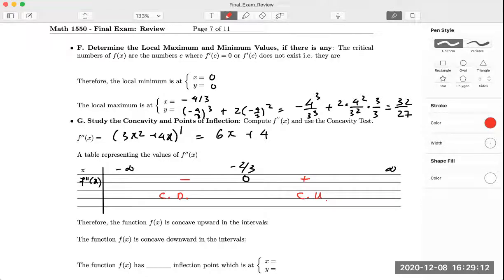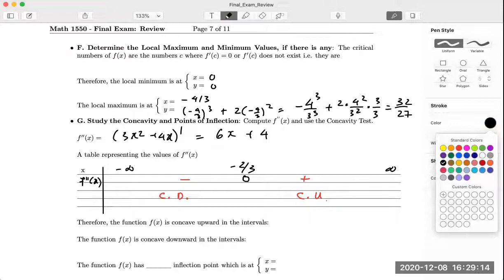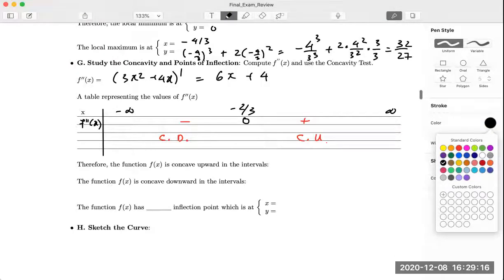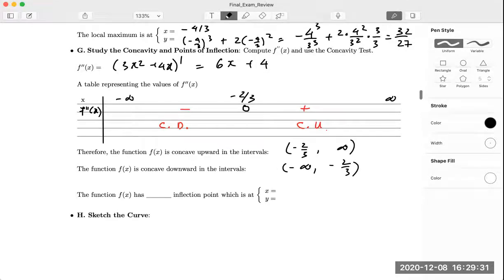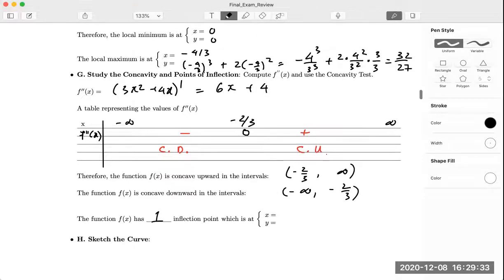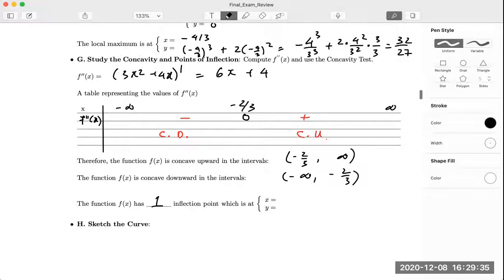Therefore, it is concave upward on the interval negative 2/3 to infinity. Concave downward is from negative infinity to negative 2/3. And it has one inflection point at negative 2/3.